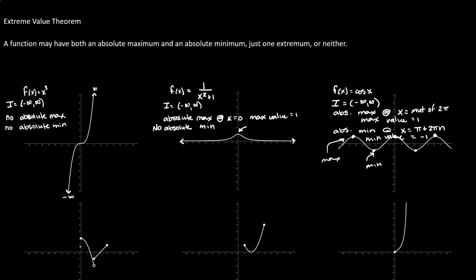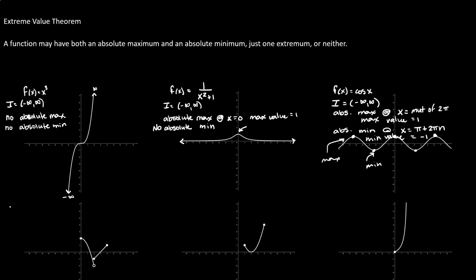Let's move down to the 3 graphs on the bottom. Notice that these are either piecewise functions or truncated functions. Unlike the 3 functions we just talked about, the interval I is not going to be the entire x-axis. So on the bottom left, we're looking at a piecewise function, and it specifically goes between x equals 0 and x equals 4.